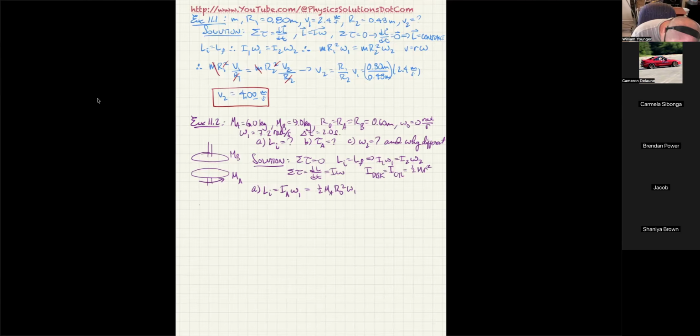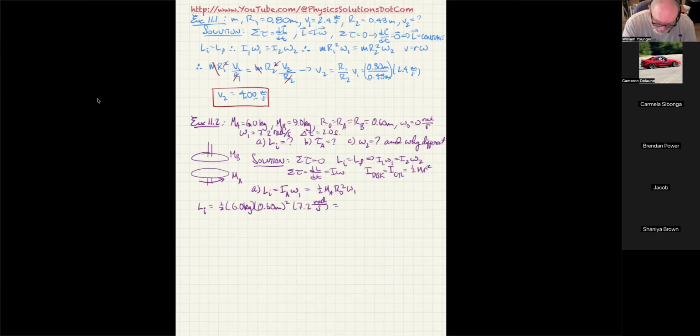So we can go ahead and plug all this in and say that the initial angular momentum is 1/2 times 6.0 kilograms times R0, which is 0.60 meters, and that quantity has got to be squared, times 7.2 radians per second.